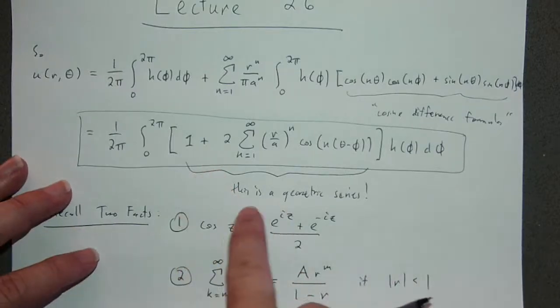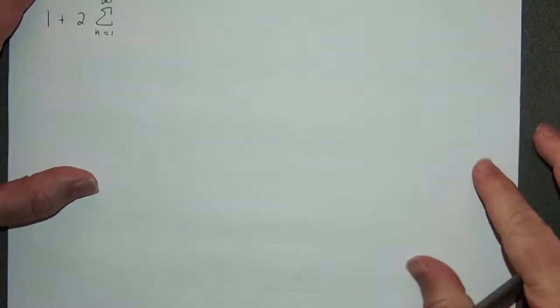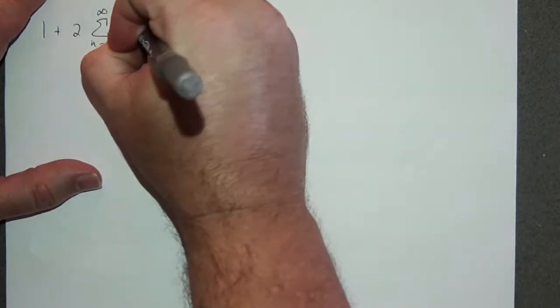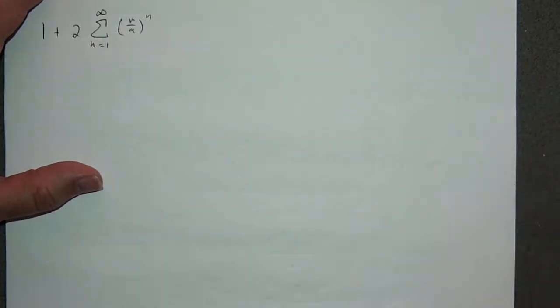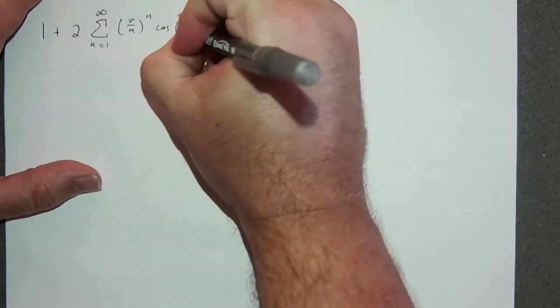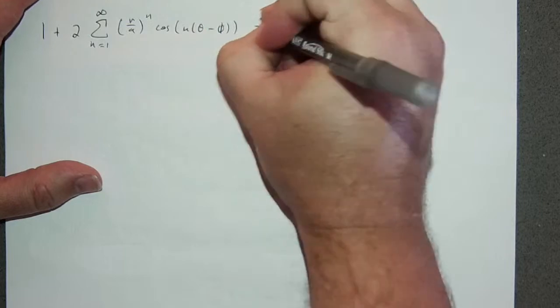Okay, first I want to deal with this geometric series. So 1 plus 2 times the sum from n equals 1 to infinity of (r over a) to the n cosine of n times (theta minus phi). What is this thing?